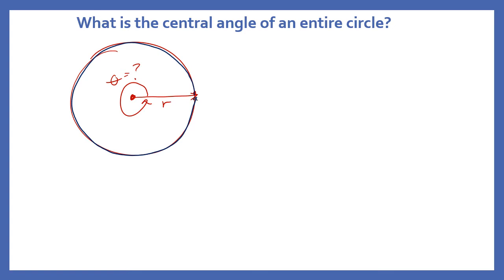Going all the way around is also known as the circumference, and you might remember that formula as 2 pi r. Even though we don't call it that when we see it in grade 8, 9, 10, that's your arc length, the circumference, the distance all the way around the circle.